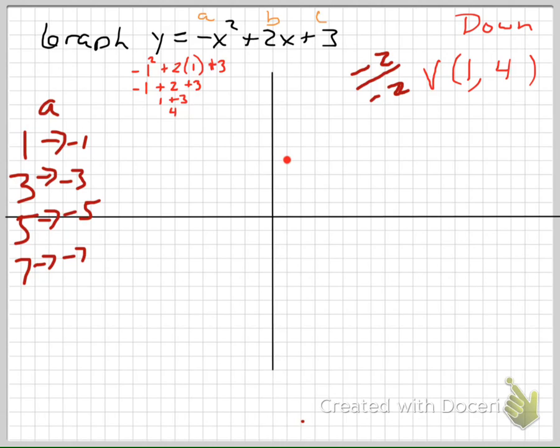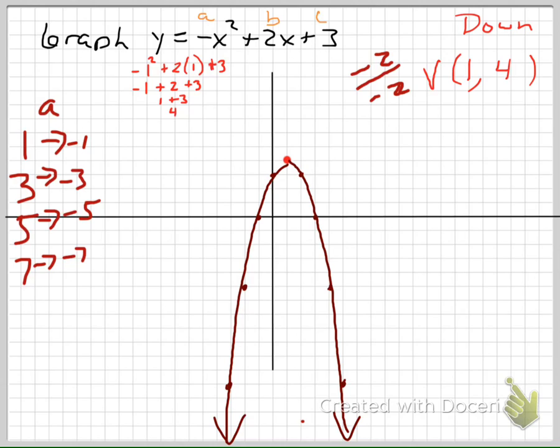Which basically means we're going to go down 1, down 3, down 5, down 7. Going out 1 each time. It's a standard parabola, but it goes down. So it should look exactly like the St. Louis Arch. That's not drawn very well, but you get the idea.